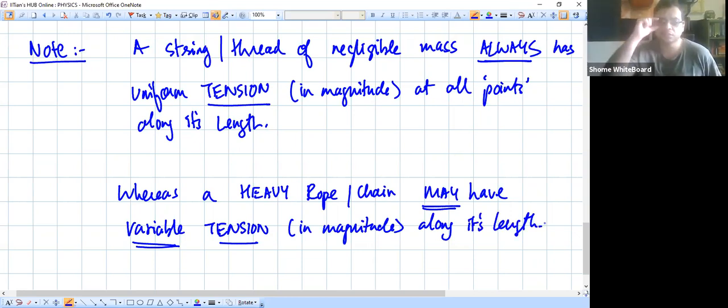Now, this is a very key point in understanding how to solve Newton's laws equations involving systems which have threads or ropes or chains.